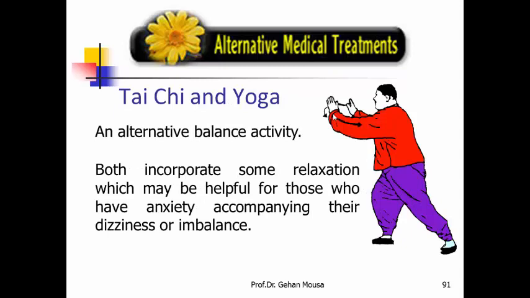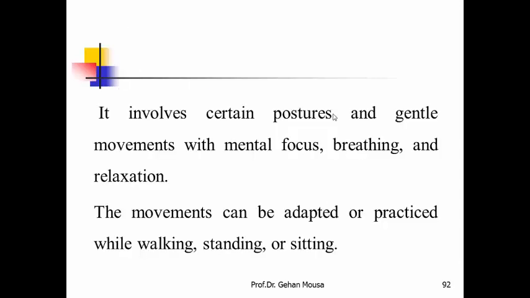Alternative medical treatment or alternative modalities for reducing the effect of vertigo are based on relaxation techniques like Tai Chi and yoga, which are helpful in reducing the effect of anxiety and the symptoms of vertigo and dizziness, and the effect of these two dysfunctions on balance.